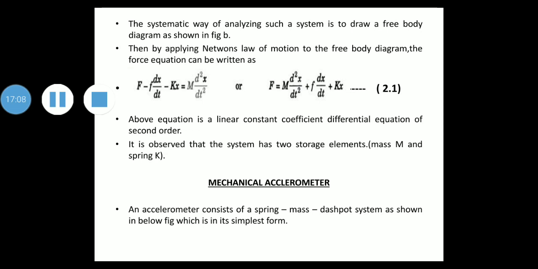This is taken as equation 2.1. This equation is a linear constant coefficient differential equation of second order. One thing observed is that the system has two storage elements, mass M and spring K.